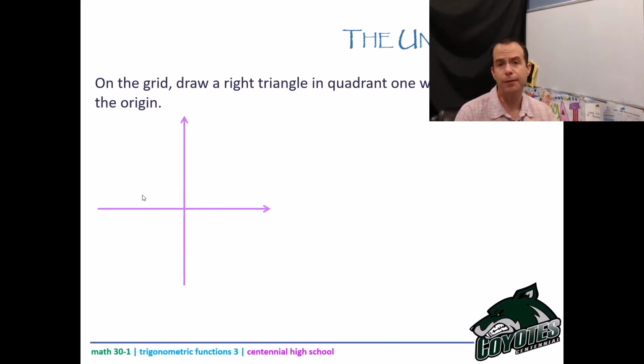I will say right off the bat, especially for those of you who have tutors, I'm not a big fan of you trying to memorize the unit circle, okay? I'm not a big fan of you just trying to stare at something and get a photographic memory going and just write it all down. That's never the purpose of the unit circle.